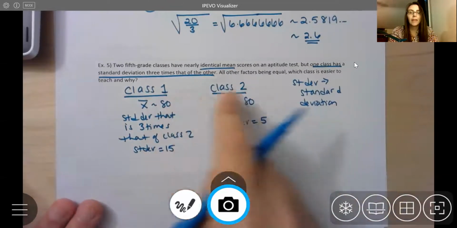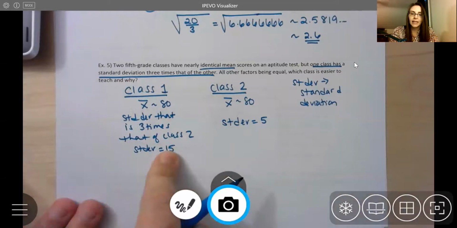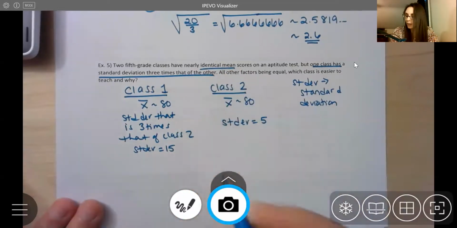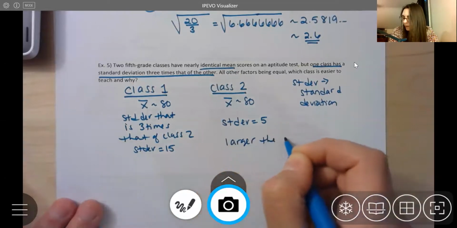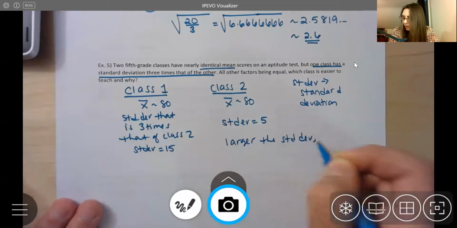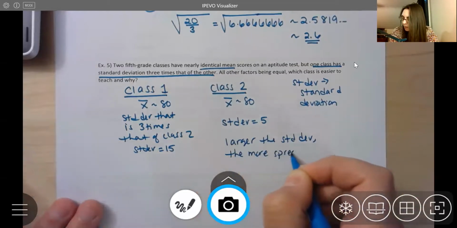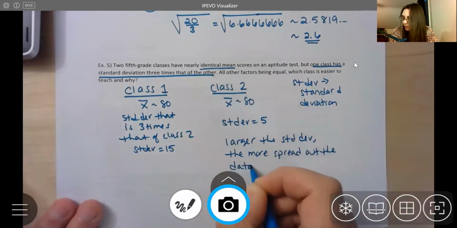So even though they both have the same mean, I have a lot more spread here in my data if my standard deviation is 15, where this one, the data points are more closely together. So the larger the standard deviation, the more spread out the data is.